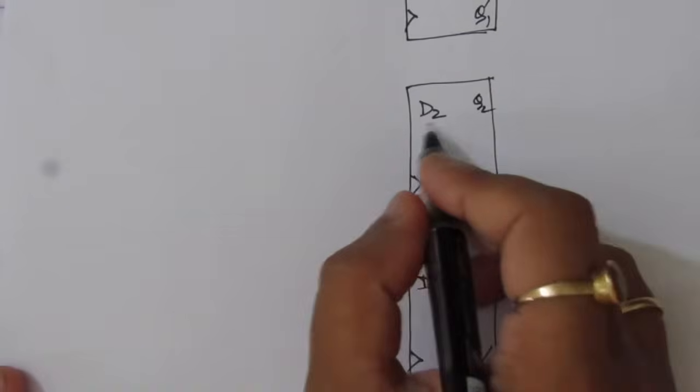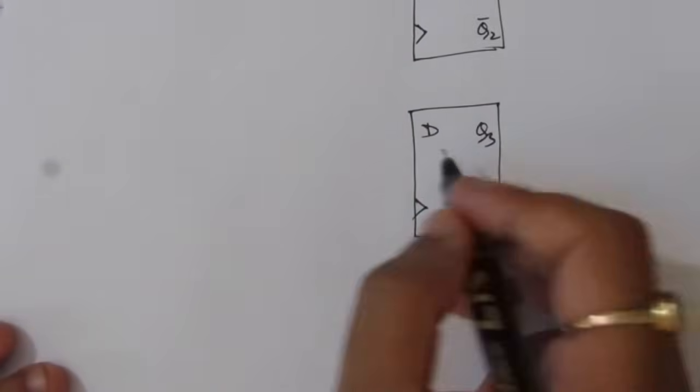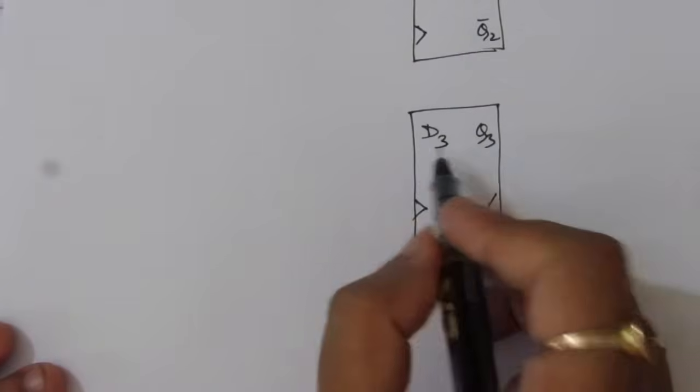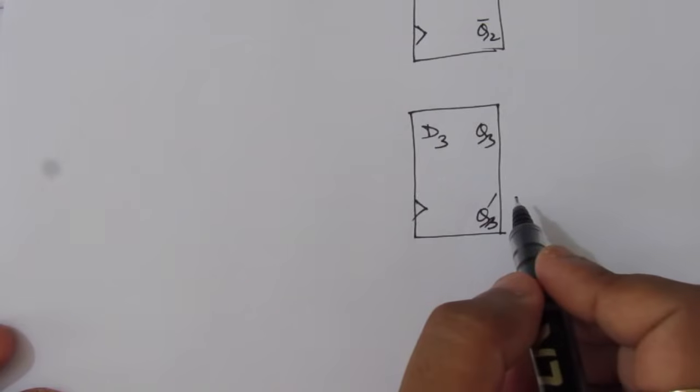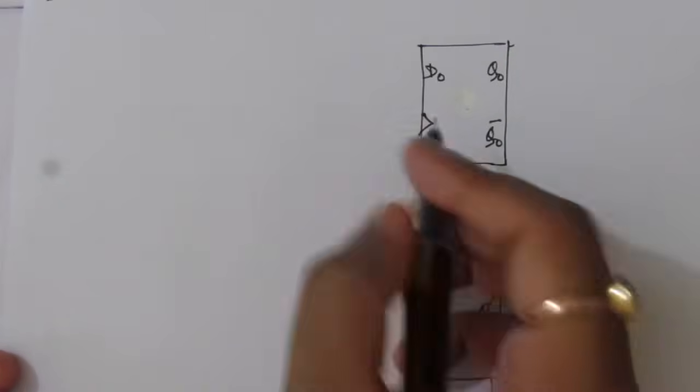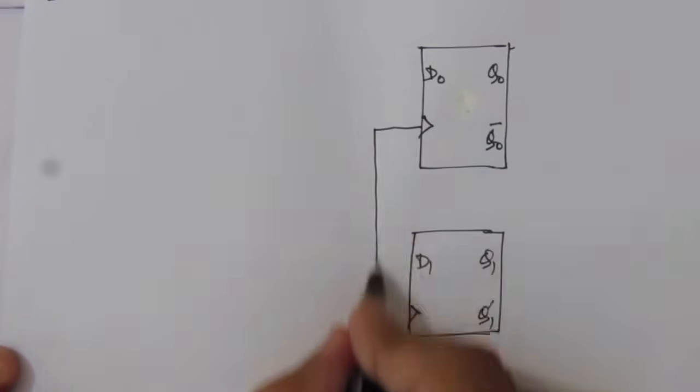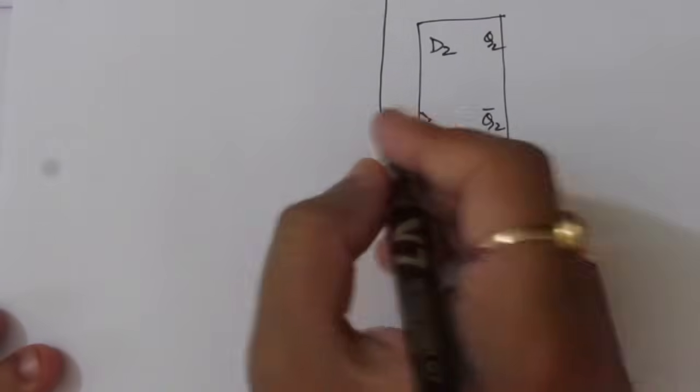Similarly for D2, Q2 and Q2 complement, and here we'll have clock, and this is the fourth flip-flop. D3 is the input, Q3 is the normal output, and Q3 complement is the inverted or complemented output. We have to give a common clock because it is a synchronous counter.